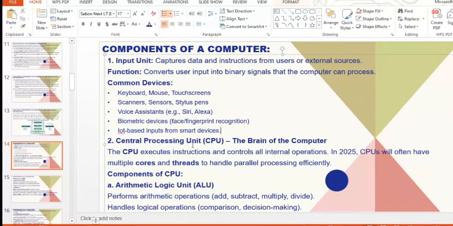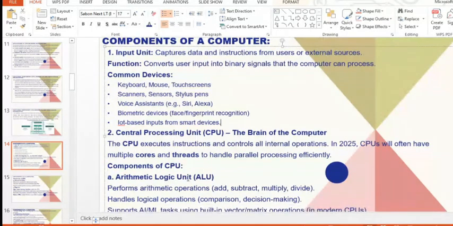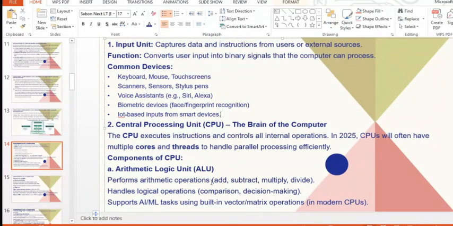Then we have the central processing unit, of course, which is the brain of the computer systems. What are the components? Of course, we have talked about the arithmetic logic units, which are able to perform arithmetic operations such as add, subtract, multiply, divide, and also the logic operations, where you are able to do comparison and decision making. Of course, you are able to embed techniques such as logic gates for digital electronics. And it's also able to support AI and machine learning tasks using built-in vector and matrix operations in the modern CPUs.